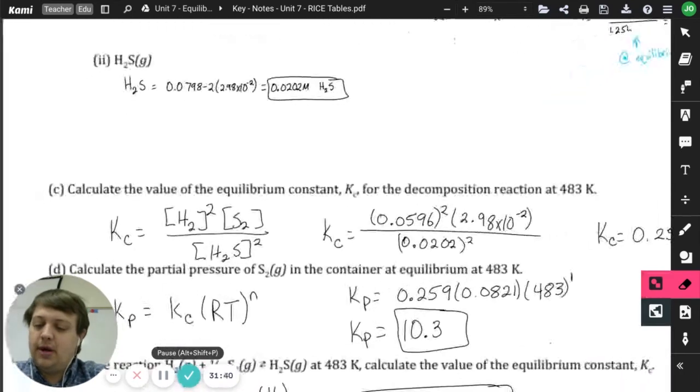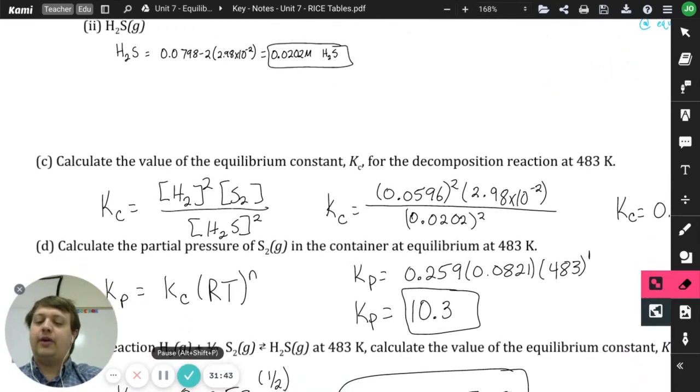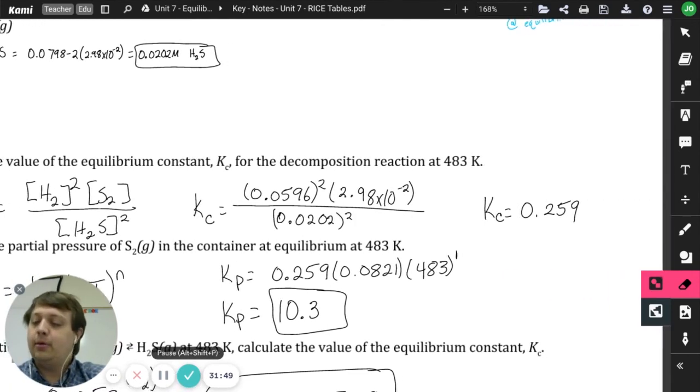Part C, I had to calculate the value of the equilibrium constant. Again, I have my Kc expression, I plug in my numbers, and I got my Kc to equal 0.259 right here.